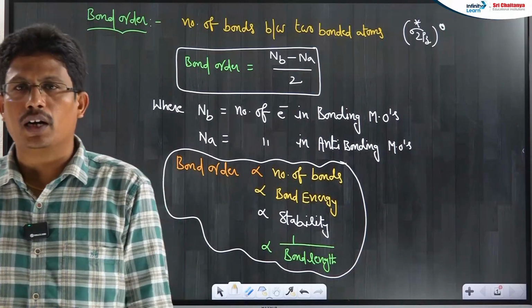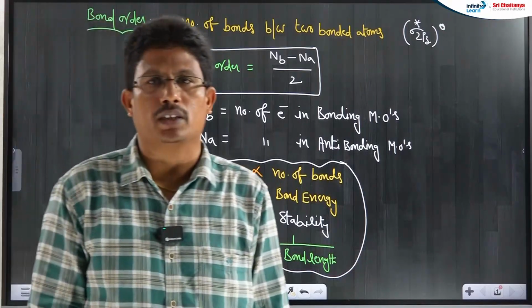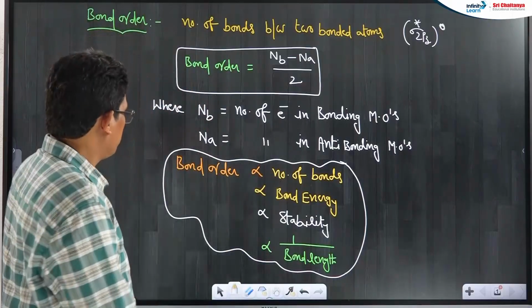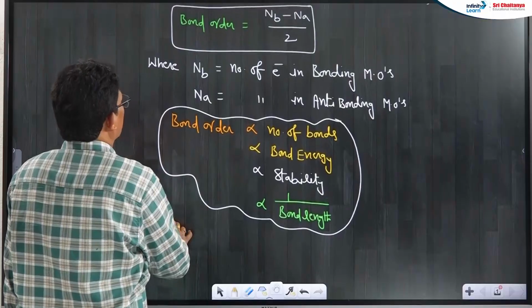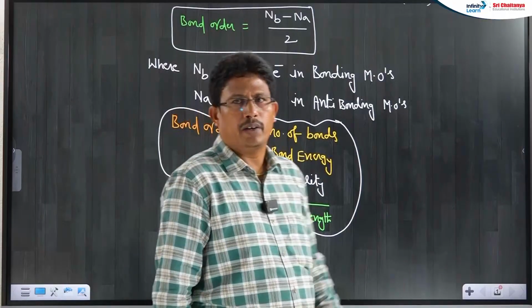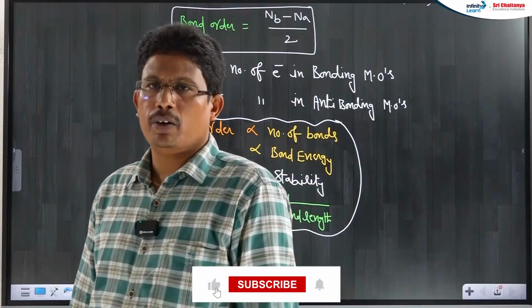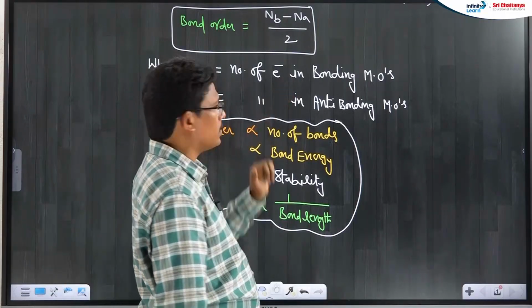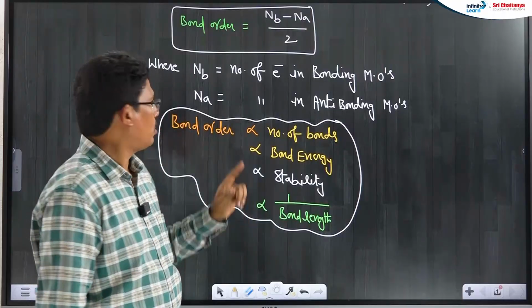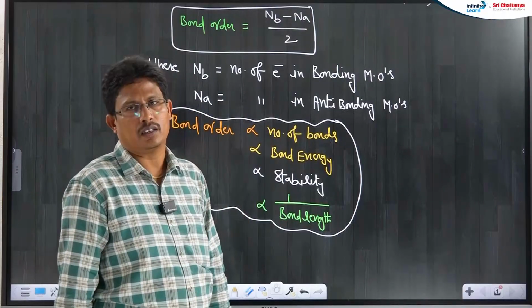Bond order and bond length are inversely proportional to each other. It is very important from an objective point of view how to find bond order, how many bonding electrons are there in given configuration, how many anti-bonding electrons are there.